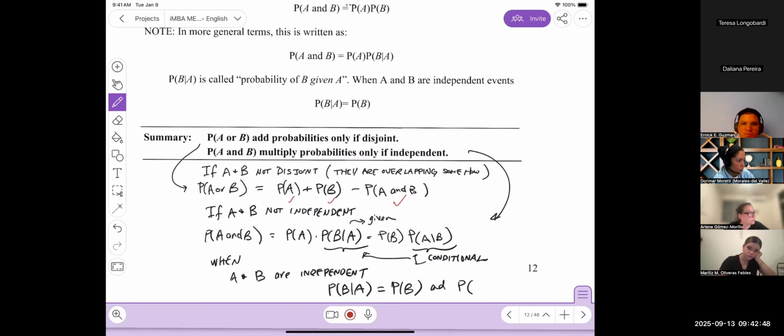I don't think I spent enough time making this point, so I appreciate the question and I'm taking my time right now on this. Okay, so if they are independent, then the conditional probability just collapses and becomes itself. It doesn't matter that A happened. Think about the examples more than the letters.